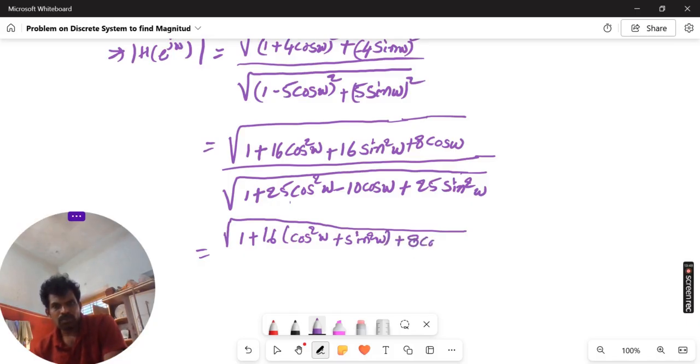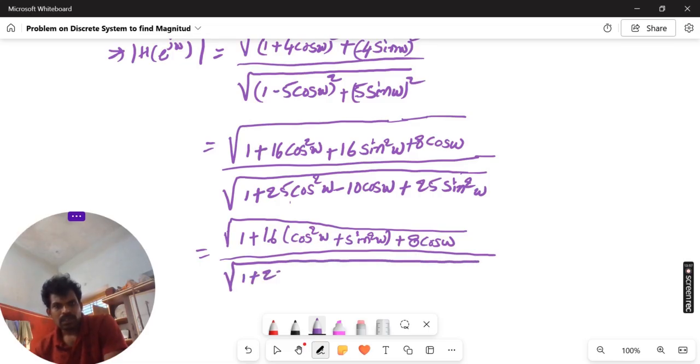plus 8 cos omega divided by square root of 1 plus, by taking 25 as common, 25 of cos square omega plus sin square omega minus 10 cos omega.